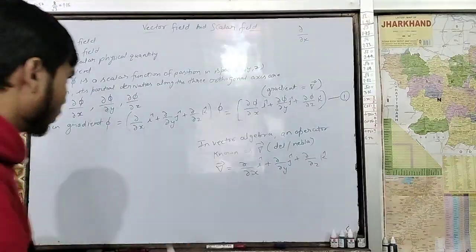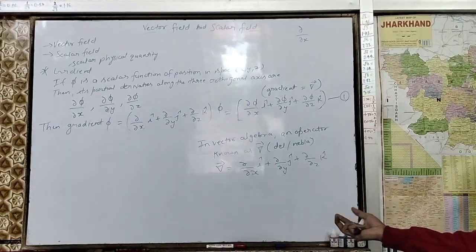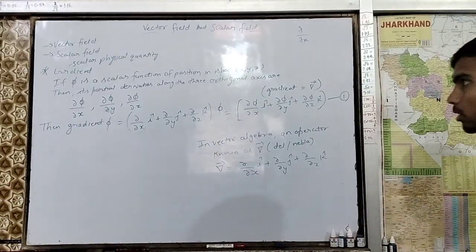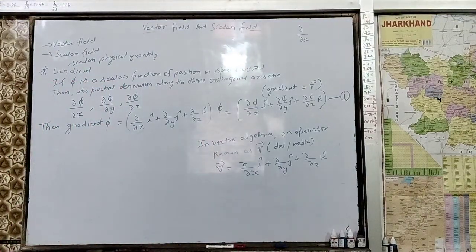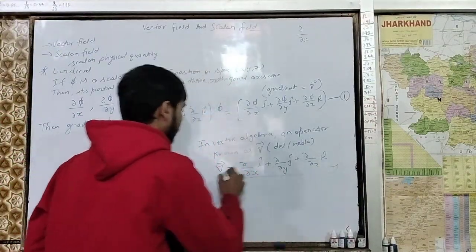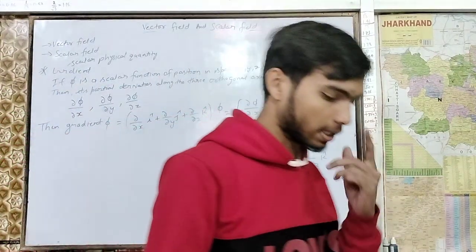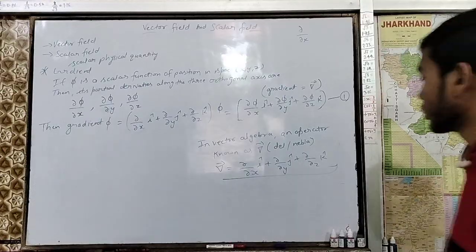This is our complete del operator, and we used this del operator with phi, and it played an important role to define the gradient. This del operator is the gradient. It's not different from the gradient. Clear?